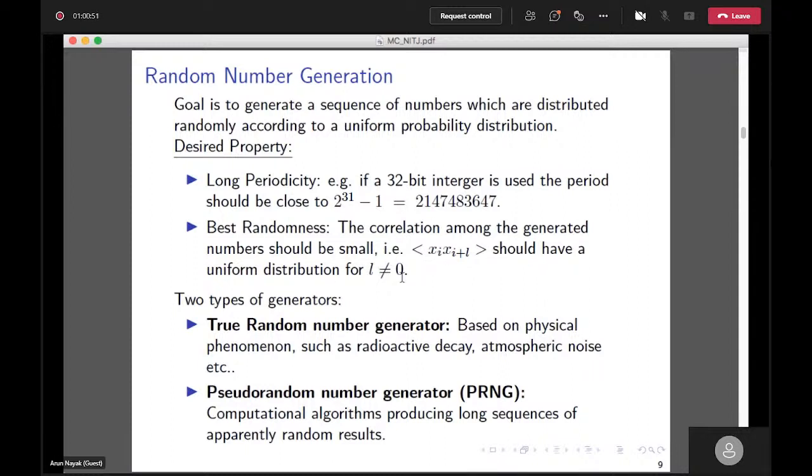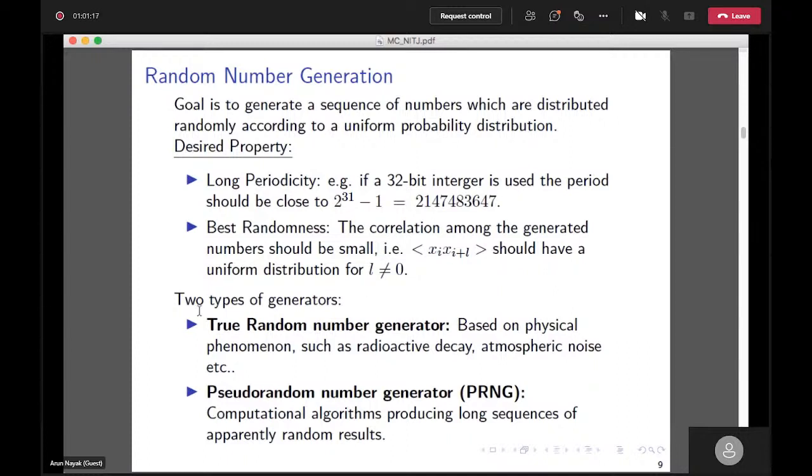That means they should have no correlations between the ith number and the (i+l)th number, or the (i+k)th number, and so on. So they are not correlated. These two properties should be satisfied, at least to some level, so that we can treat the numbers as random numbers.